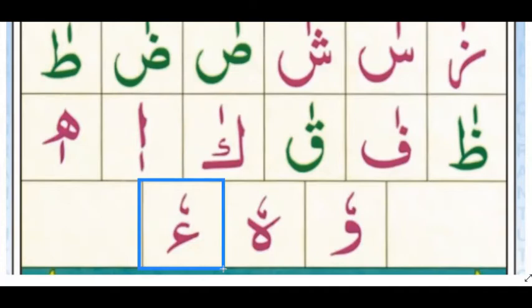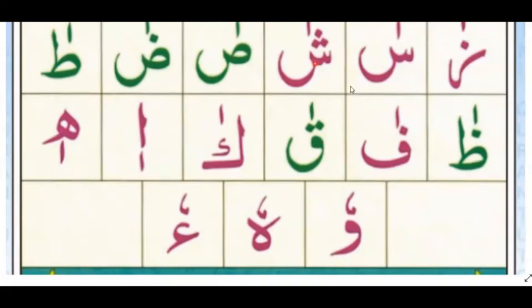Remember that Hamza will always work as alif. That will give the sound of alif. Some people pronounce it as ha, but it's not actually the ha sound, it will give the sound of alif. As alif does a, e, and o, the same way Hamza will do a, e, and o.